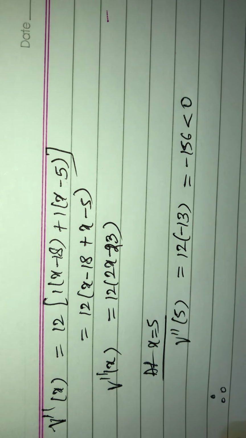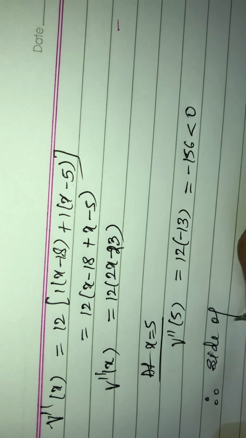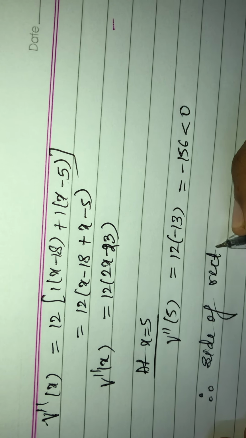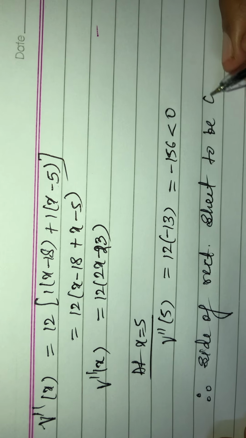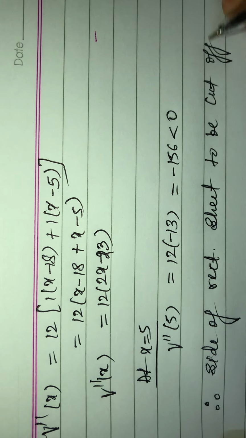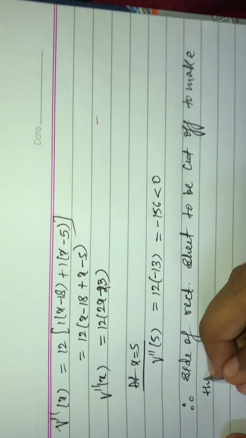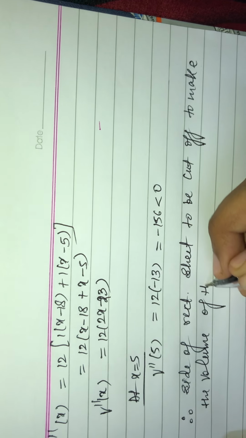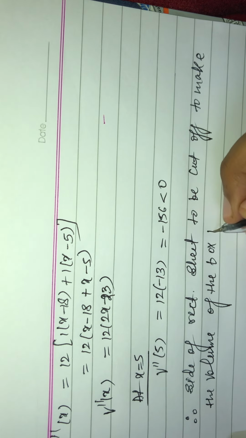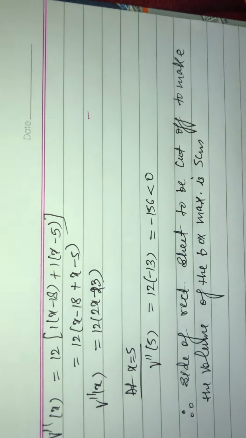Therefore, less than 0 means the side of the square to be cut off to make the volume of the box maximum is 5 centimeter.